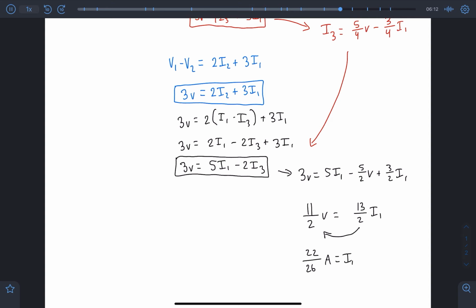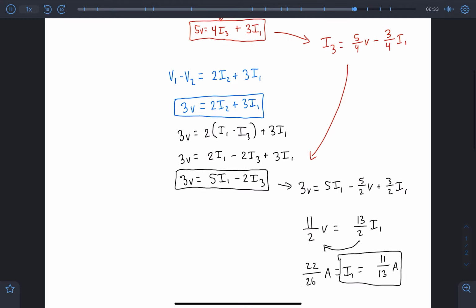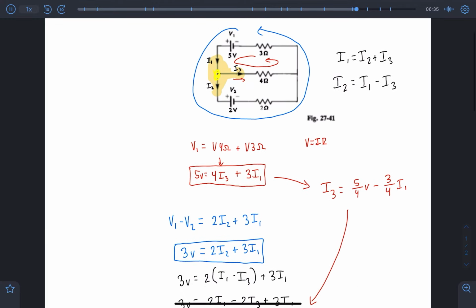The reason we go to amps there is because we divide volts by ohms. And that simplifies down to 11/13 amps. Next, we can plug that value into our equation above for I3 and solve for that.